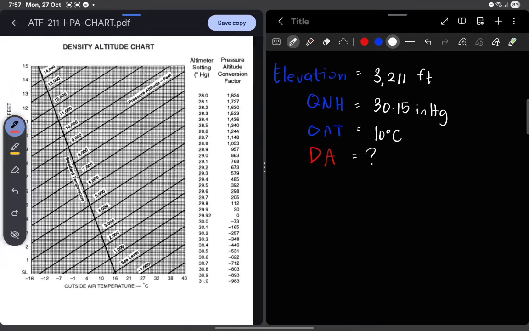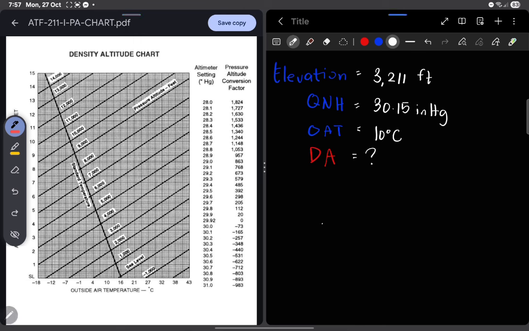Now, we do not have 30.15 in our chart, so we're going to need to interpolate, and I'm assuming you already know how to interpolate. I'll just go ahead and do it. 30.1 is negative 165, 30.2 is negative 257.